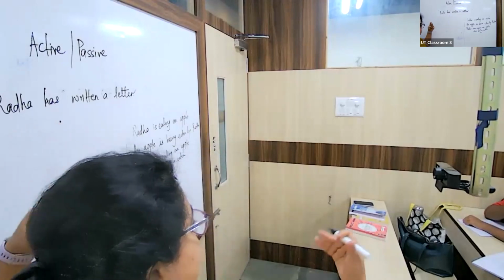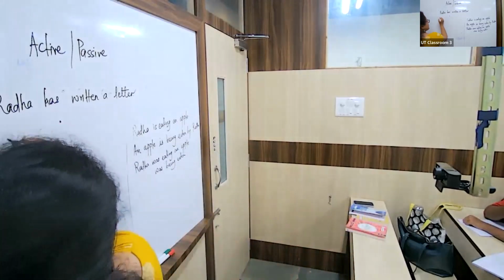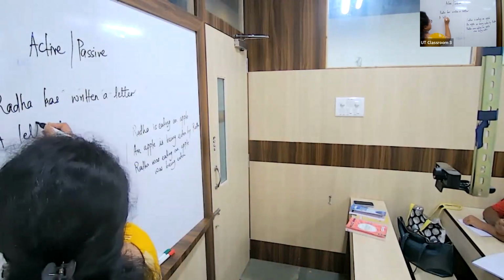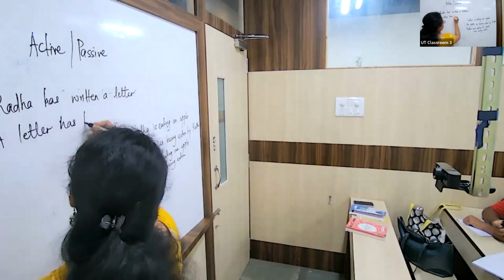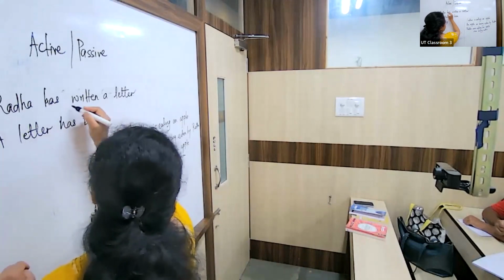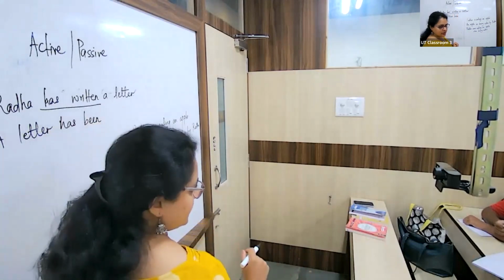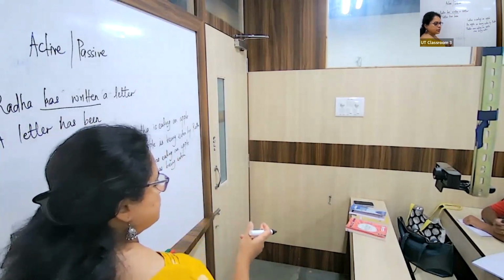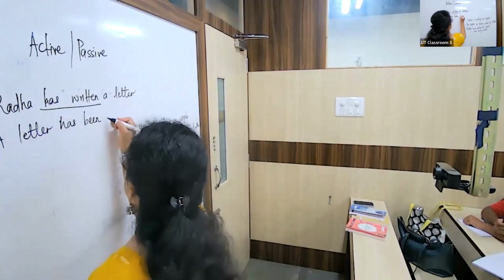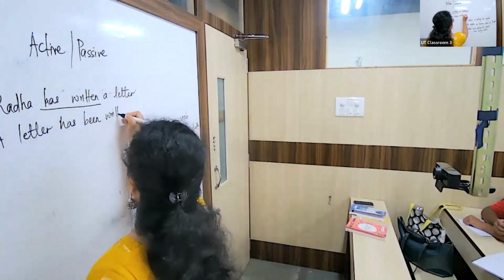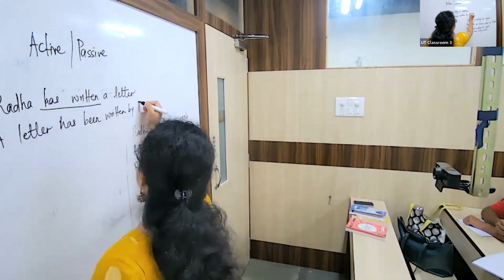Don't use had, that means you changed the tense. So this will become a letter has, and here BEEN will be added. When you have perfect tense, you use been. A letter has been written by Radha.